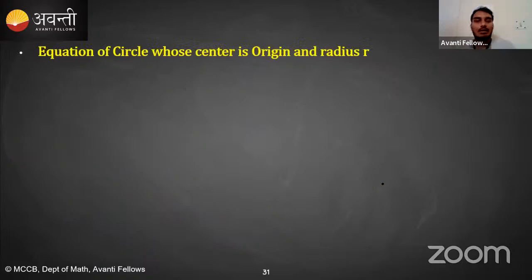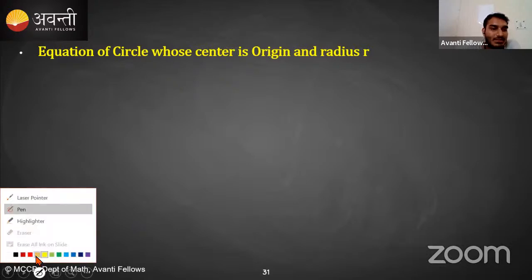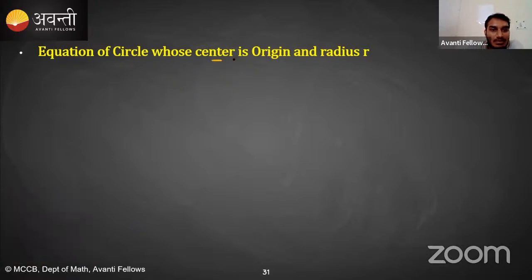Now the same way, the special case of the first equation, if the center, instead of a comma b, becomes 0, then the same way, right? If instead of center a comma b it is now origin, means 0, 0, but radius is r, so the required equation क्या होगी?